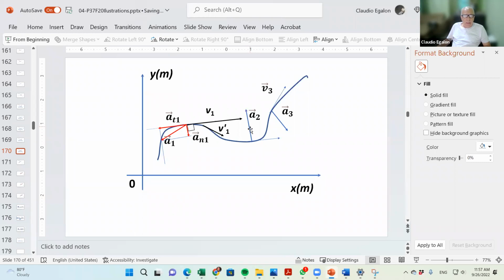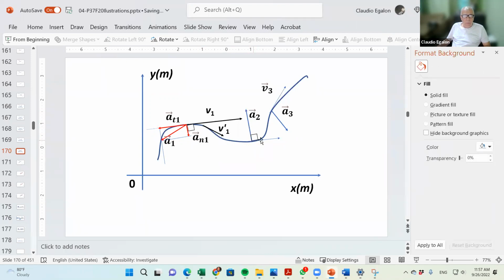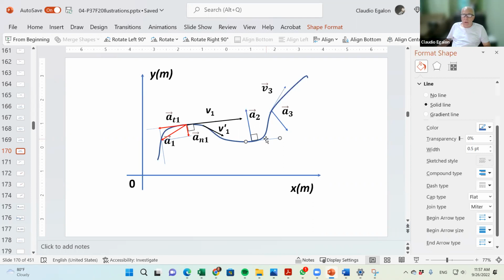Take a look at this other acceleration vector at another instant of time. Notice that the net acceleration vector is completely perpendicular to this velocity vector. What does it mean? It means that this velocity is not going to increase nor decrease in length.